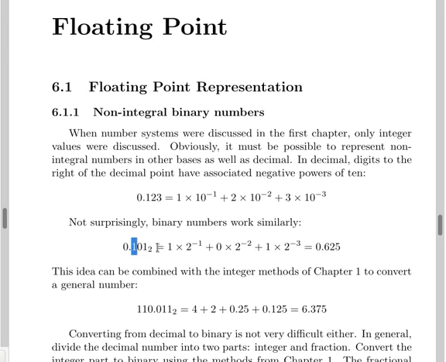This is the 1/2 place, 1 over 2, and then 1 over 4, and then 1 over 8, 1 over 2 to the 3. So we add those up. We have a half plus no quarters plus an eighth makes 5/8.